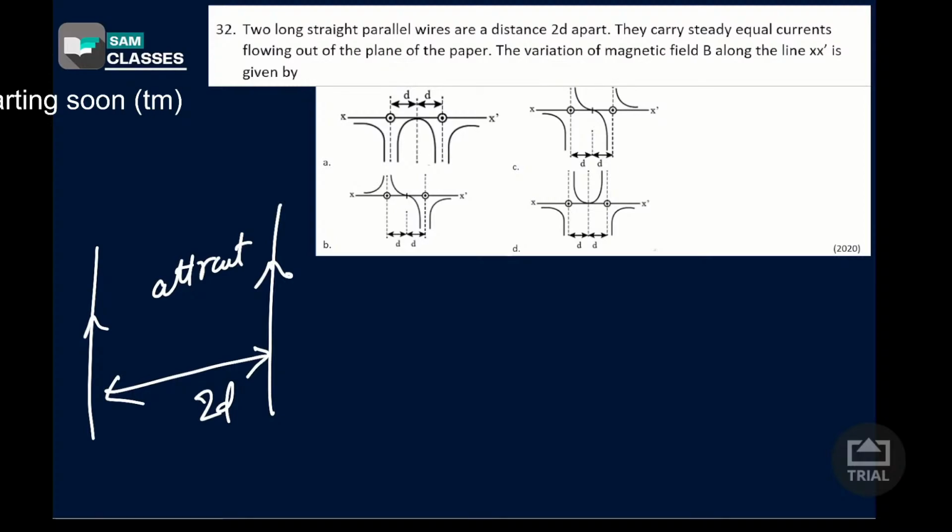Let's say a particle is here, this one is attracting this side, this one is attracting this side. A place will come in between where it will be 0. Yes or no? Correct. Yes or no, students?